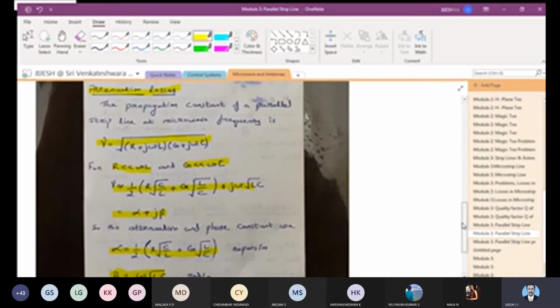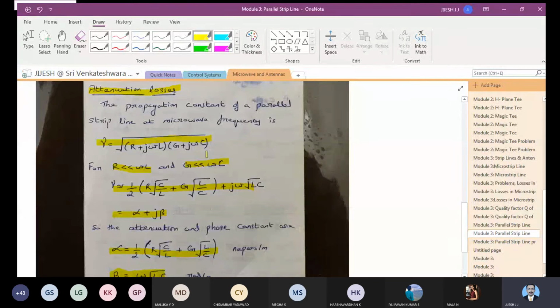Note down the same equations. All these equations you studied in module 1, and the same equations are used here to find the propagation constant of a parallel strip line at microwave frequency.